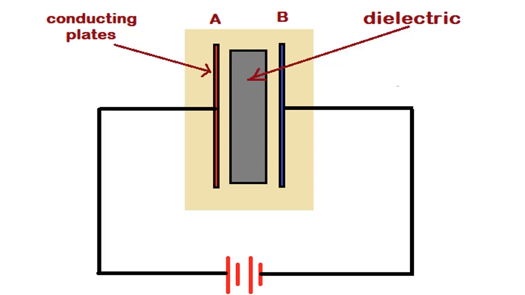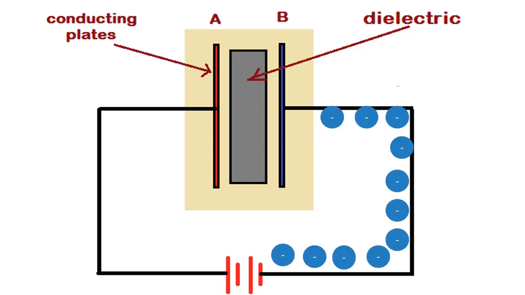As in the picture, the negative terminal of the battery is connected to plate B of the capacitor. As we know, the negative terminal of the battery has an excess number of electrons, so they will start flowing through the conducting path and reach plate B.